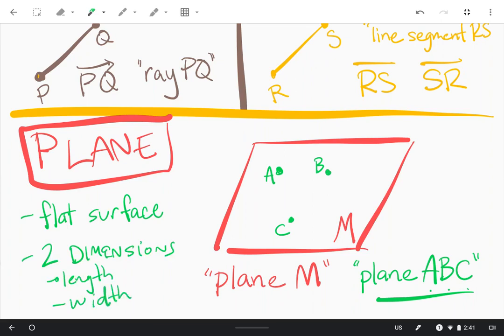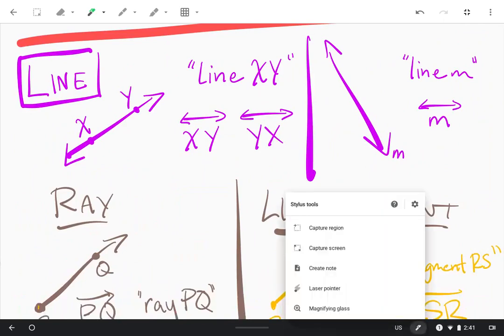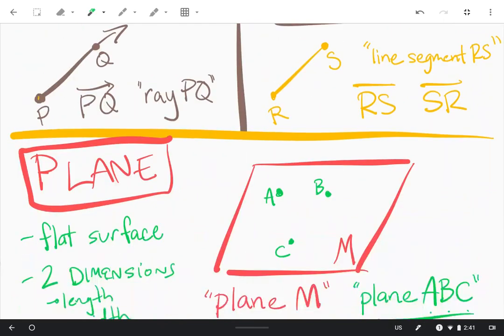Also, much like a line went on forever in both directions, in reality, even though there are lines showing a boundary around this plane, this plane extends forever in every direction. So it's a really important concept. Just because my screen or a piece of paper ends, the actual concept of a plane in geometry goes on forever in every direction.